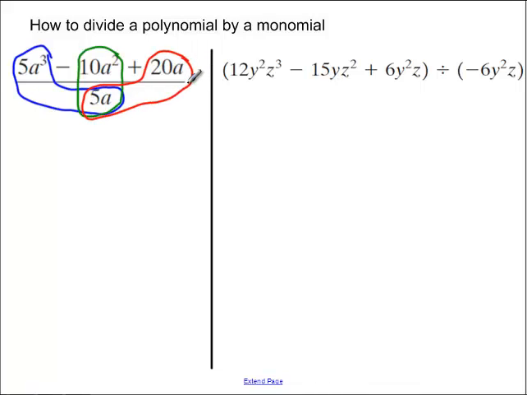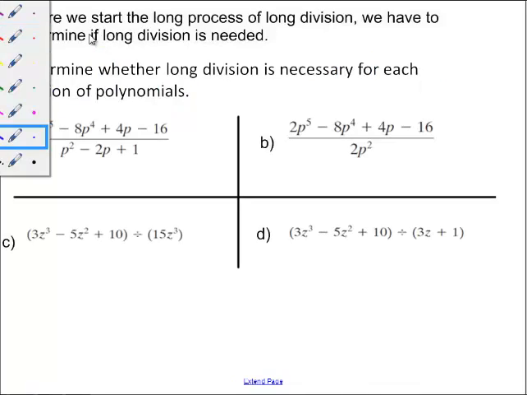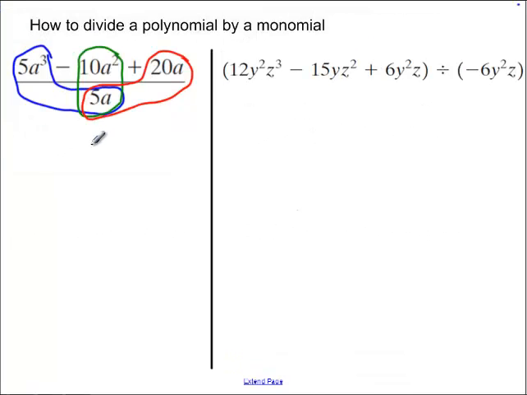So when we write these down, we again have to pay attention to the sign that's between them. But for all intents and purposes right now, I'm taking a look at just the monomial divided by the monomial. So let's take a look at what we've got here. I've got 5a cubed divided by 5a. So my first separate and conquer is here. I'm separating 5a cubed divided by 5a. And then we put the sign.